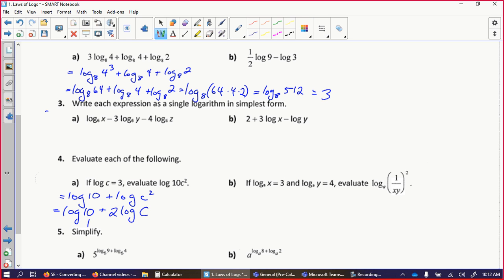Log of 10 is 1 plus 2 times log of c. Well, log of c is 3. 1 plus 2 times 3. 2 times 3 is 6 plus 1 is 7.